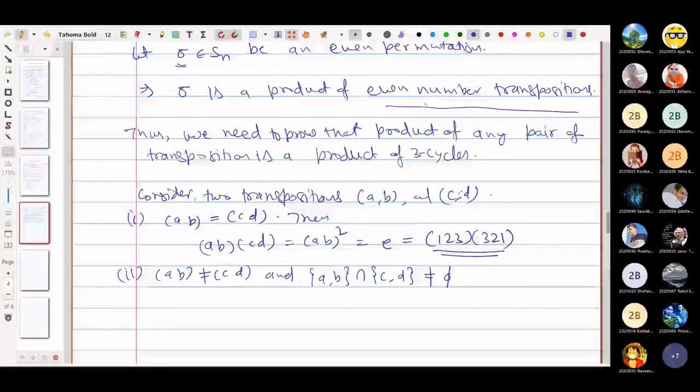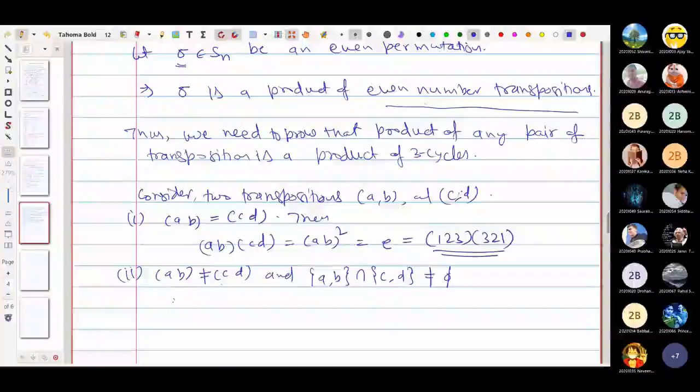But they are distinct, so something may be different, while something must be common. If A, B, C, D were all distinct, the intersection would be empty. So either B equals C or A equals D, something like this.